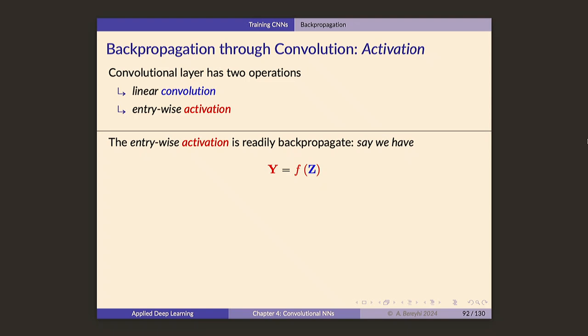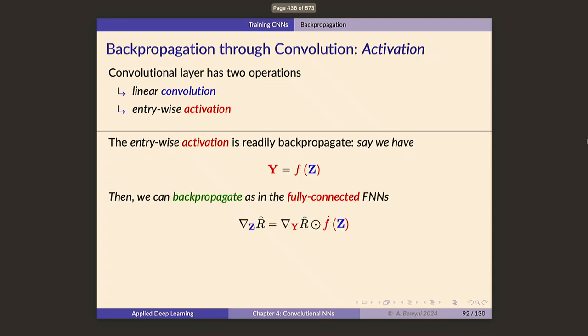So if you have y being computed as f, any activation of z, then when you want to go backward, the gradient of your r hat, the loss, with respect to z is going to be the gradient that you have at the output, the gradient with respect to y, entry-wise product with f dot of z. And this product is going to work because z and the gradient of r hat with respect to y are both of the same dimension, right? So no problem, you can simply go backward. This is exactly the same thing as what we had in the fully connected layer, nothing new.